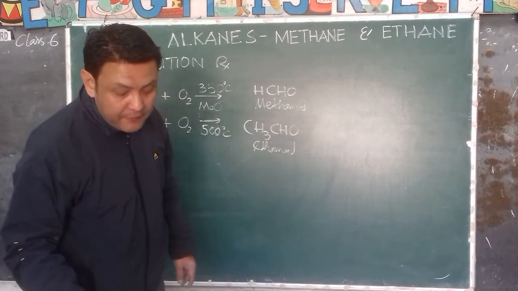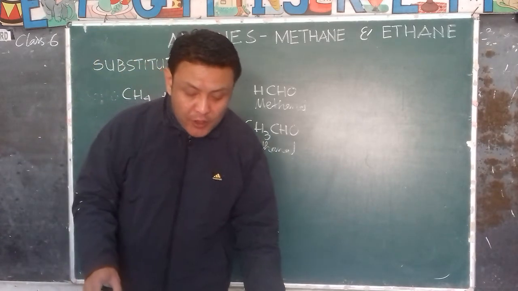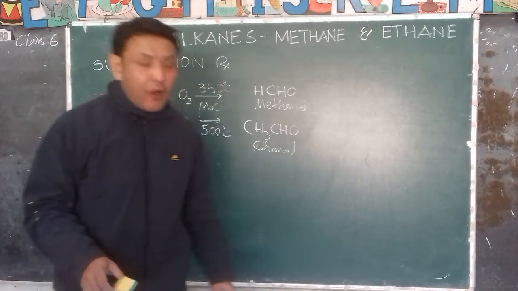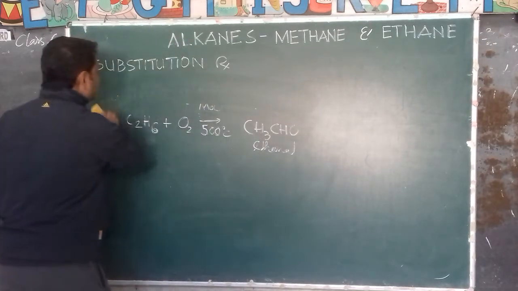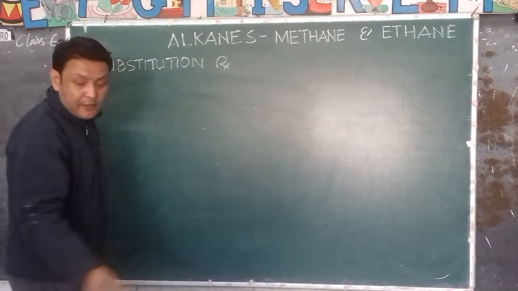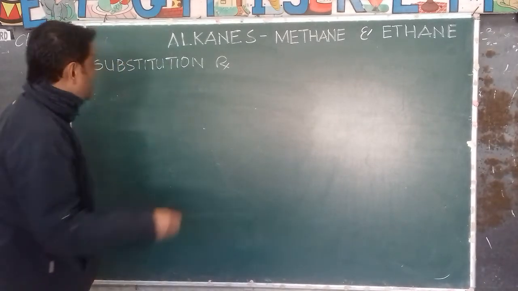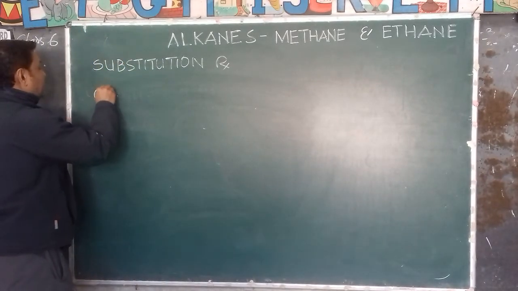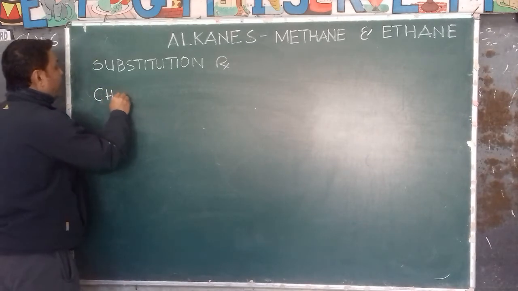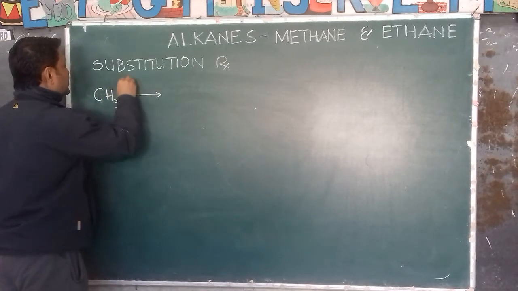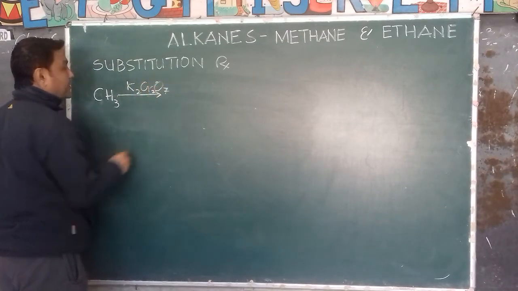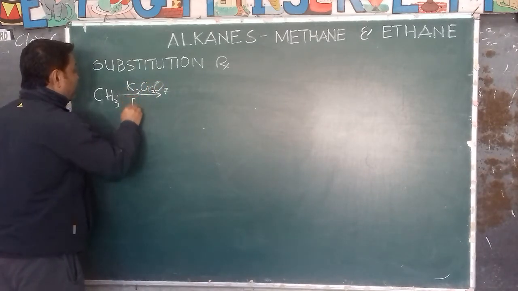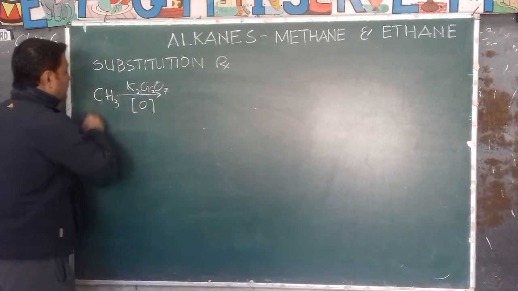Now, we have a series of controlled, slow oxidation in the presence of K2Cr2O7. Please remember, potassium dichromate. CH4 in the presence of the catalyst K2Cr2O7, it's a slow oxidation in the presence of nascent oxygen.